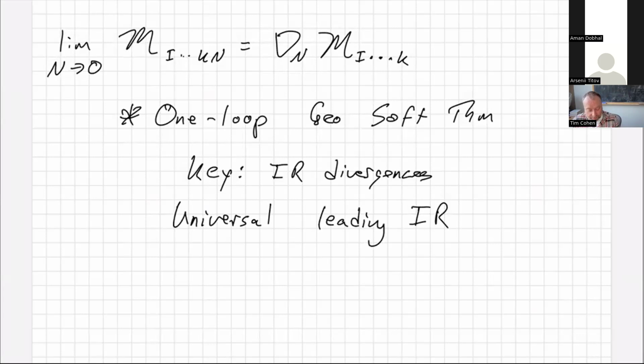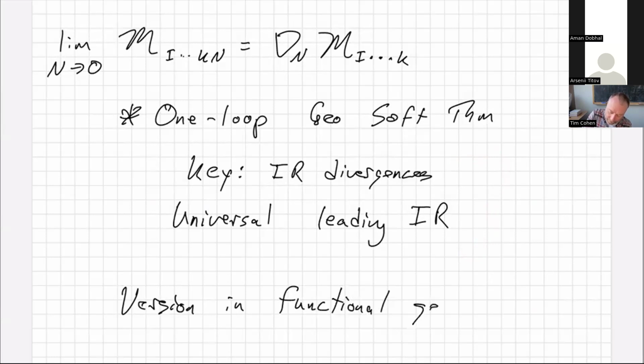It's a beautiful reframing of the subject, and we've made some progress even understanding it beyond tree level. So now the question that what I was talking about today opens up is how to see a version of this in functional geometry. We have some internal preliminary results where we think this holds, but this is still an open question. So that's what I was alluding to.